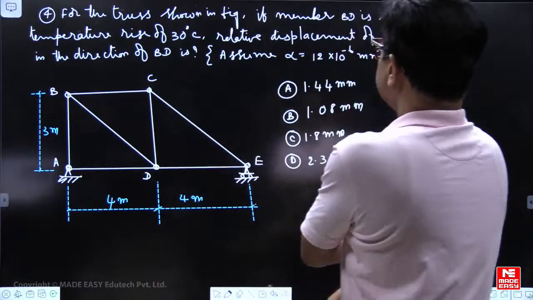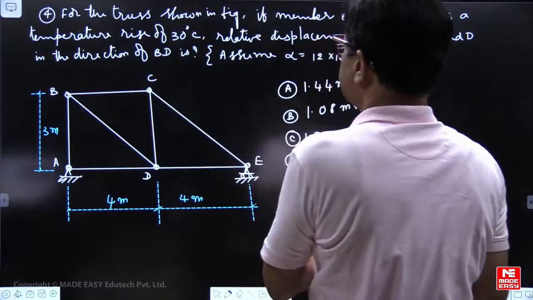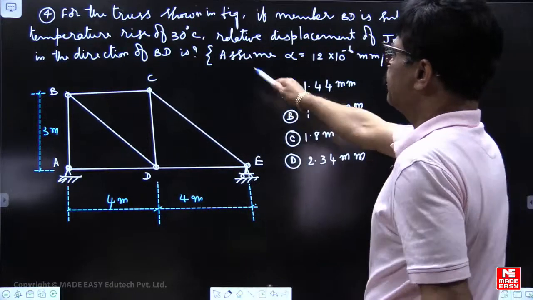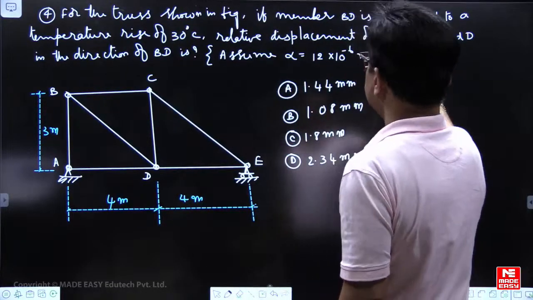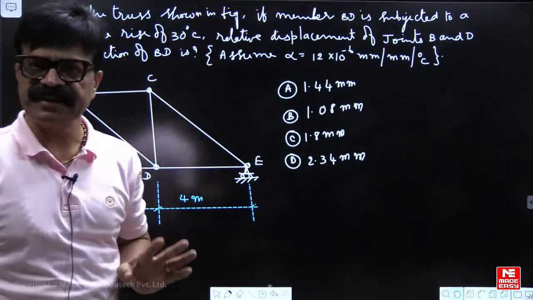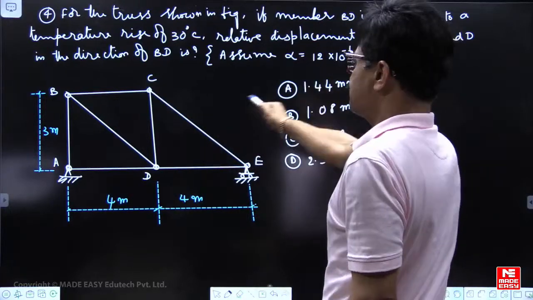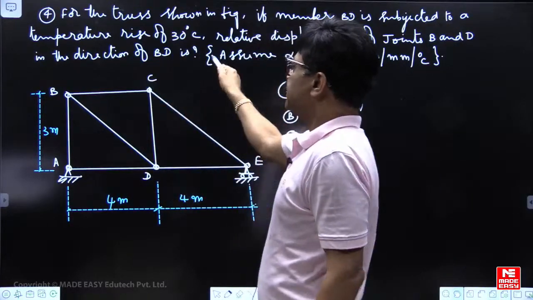Now let us see displacements in the trusses. For the truss shown in figure, member BD is subjected to a temperature rise of 30 degrees centigrade. Relative displacement of joints B and D in the direction of BD.